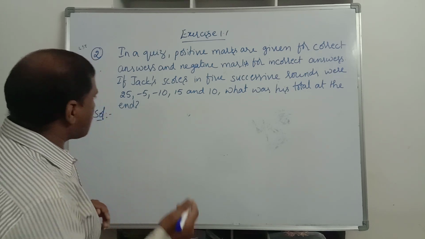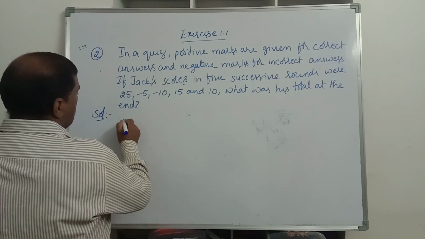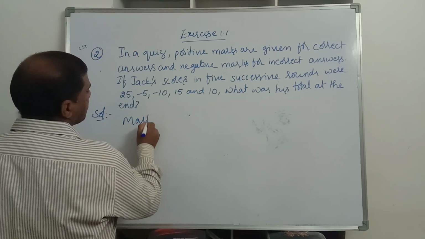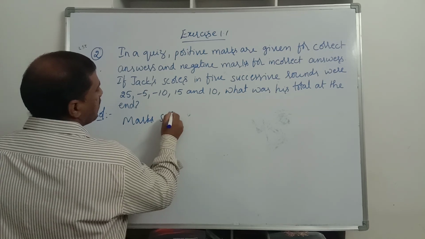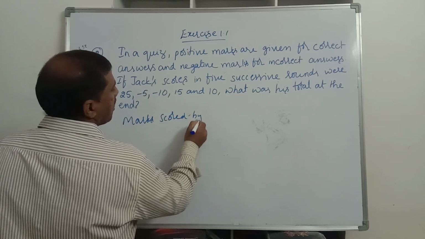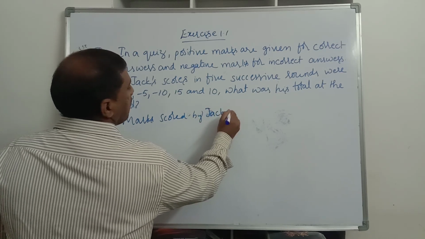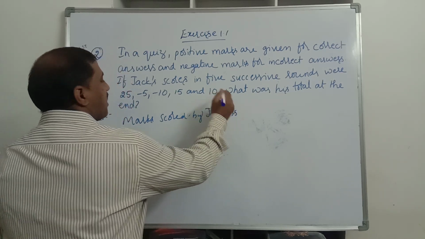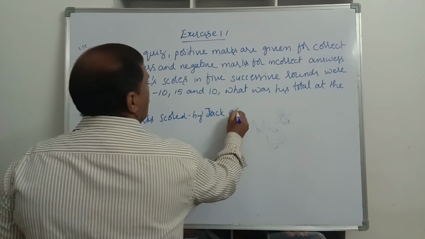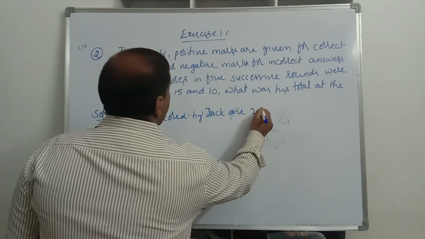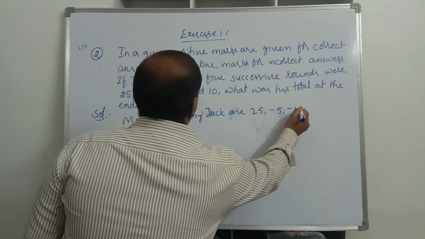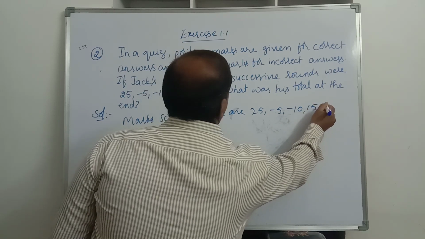So the marks scored by Jock are 25, minus 5, minus 10, 15 and 10.